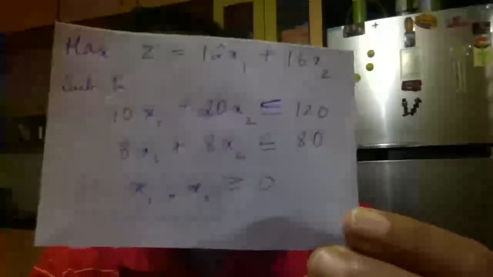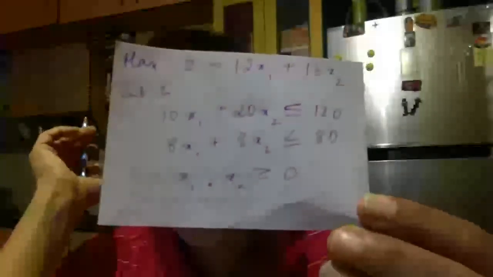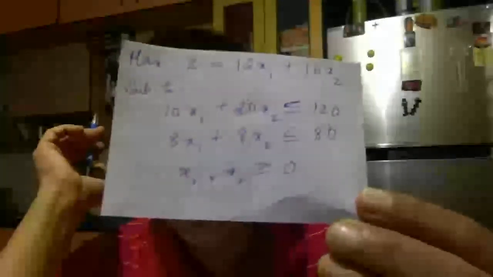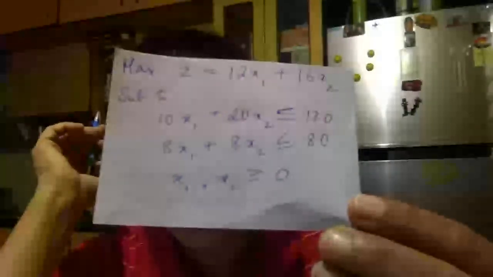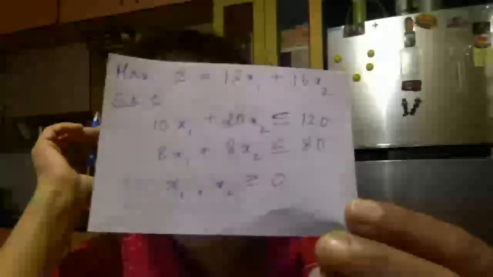This is the objective function, correct? 12x1 plus 16x2. x1 and x2, I'll explain not in mathematical terms, but in terms that commerce students and MBA students can understand. x1 and x2, we will call them basic variables.